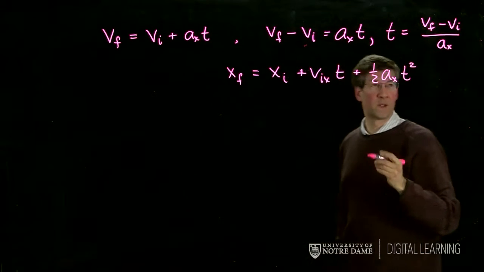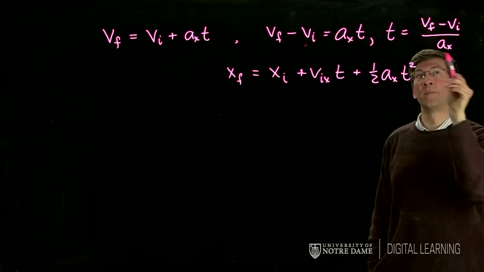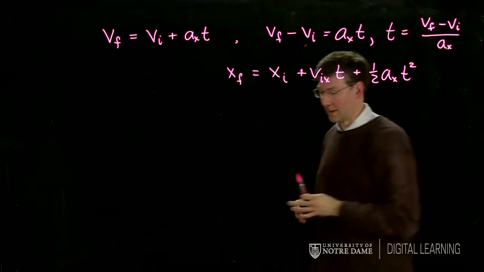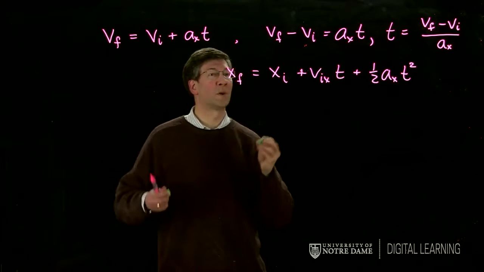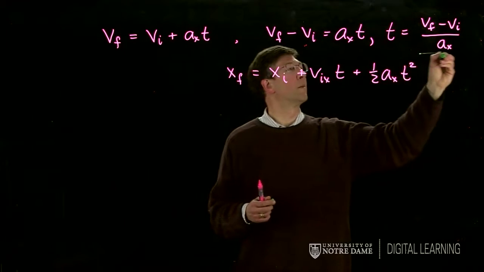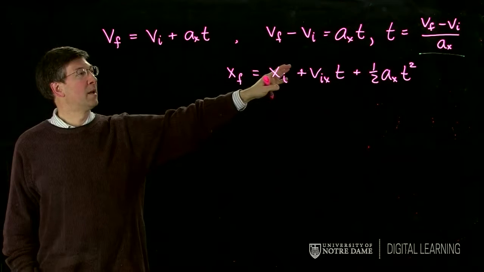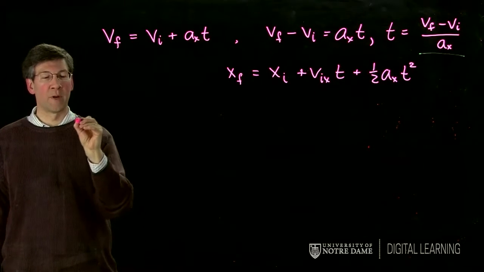And every place that there's a time in this equation, I'm going to insert this expression. This is slightly algebraically messy, but it gets us to a good place in the end. So I'm going to substitute the value of time into this equation, and then we'll simplify things. And this will be very useful.